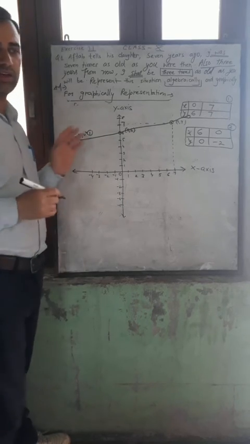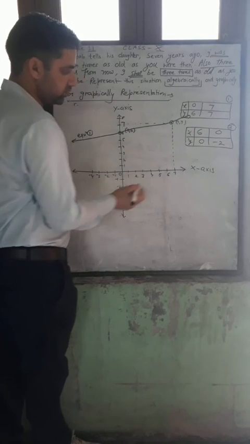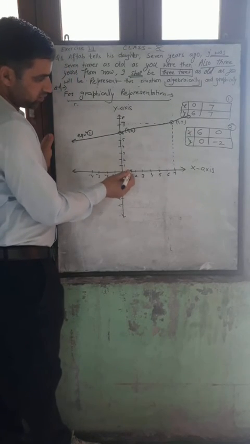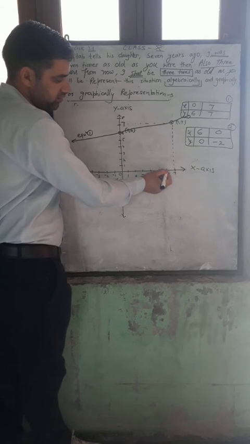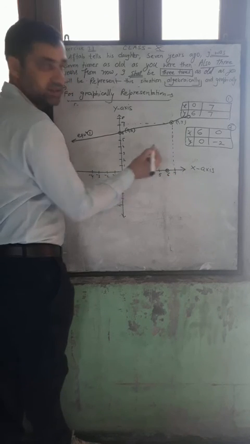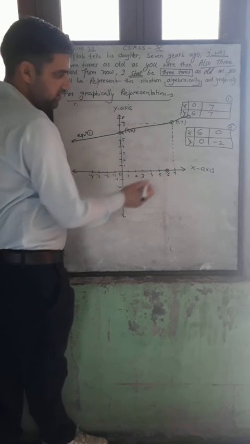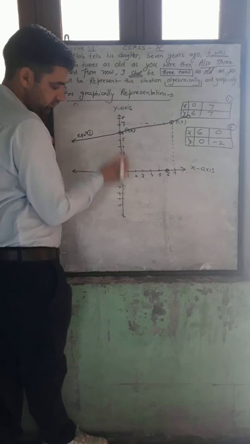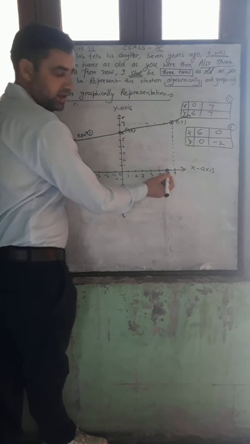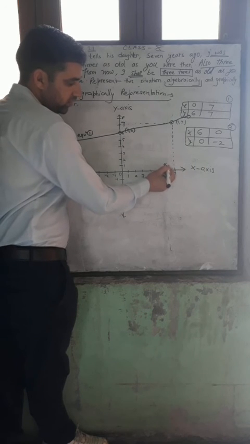You write there equation 1. Similarly, when x is equal to 6, y is equal to 0. So we draw here like that. Now another, when x is equal to 0, then y is equal to -2. Here x is equal to 6, y is equal to 0.